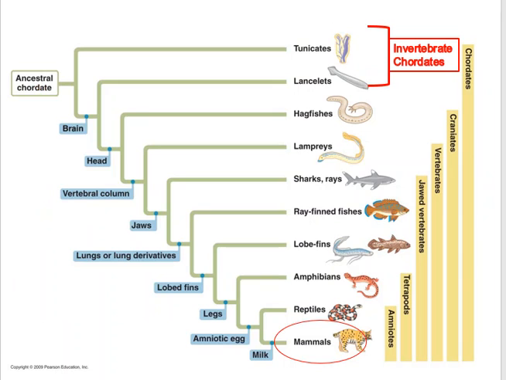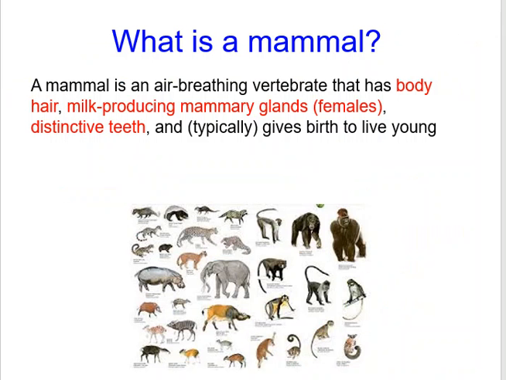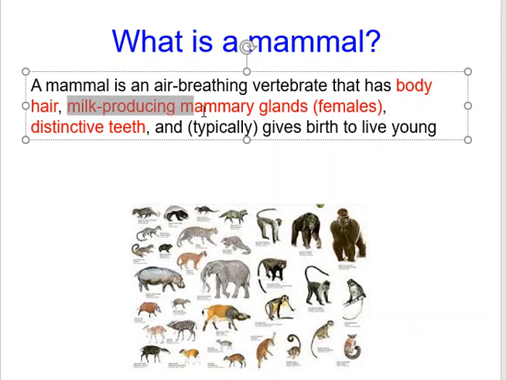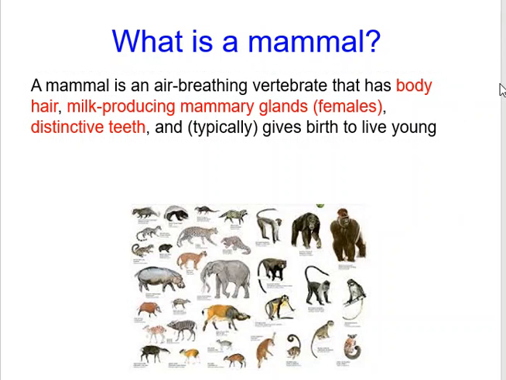All right, so the last group we're going to look at is the group of mammals, which is the group to which we belong. What is a mammal? A mammal is an air-breathing vertebrate, nothing new, that has body hair, this is new, and milk-producing mammary glands. Of course, just the females, as you know. So this is a real distinctive factor of mammals, because some mammals, as you know, don't have hair. The ones that are adapted to live in the ocean went back to live in the ocean.